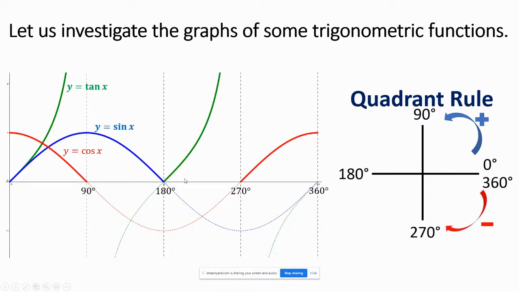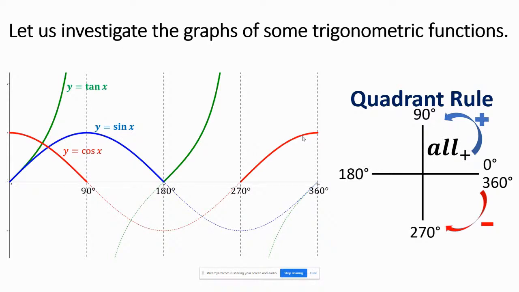In the third quadrant, between 180 and 270 degrees, the only graph above the x-axis is the tangent function, so all the values of tangent in the third quadrant are positive. For the fourth quadrant, between 270 and 360 degrees, the only function above the x-axis is cosine, so only cosine is positive in the fourth quadrant.